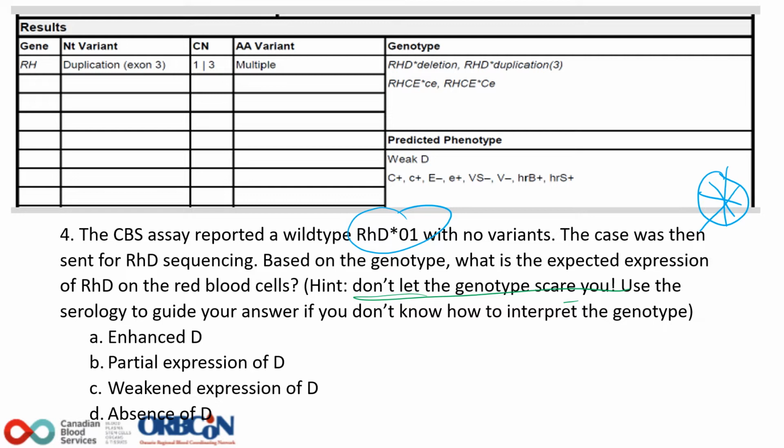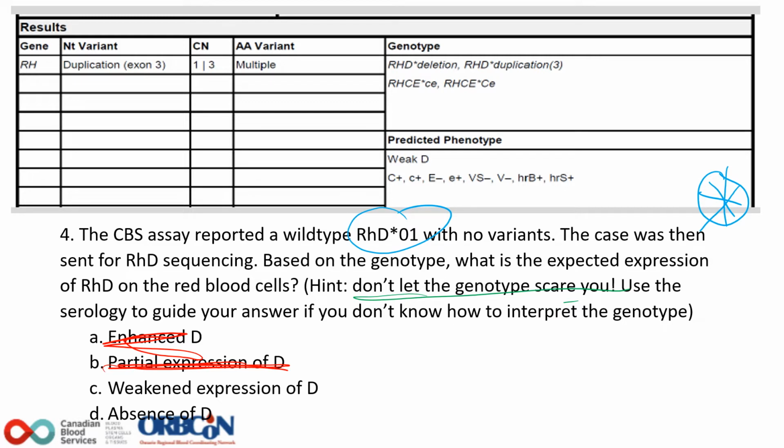So I'm not going to even look at the genotyping for a second, and we're going to answer it just based on serology. We know that if we think this is a weak D, it won't have enhanced D. There's no way it has enhanced D, right? That doesn't make sense. It's not a partial D because we tried different monoclonals and the reactivity didn't change. Therefore, it's not missing a slice of the pie.